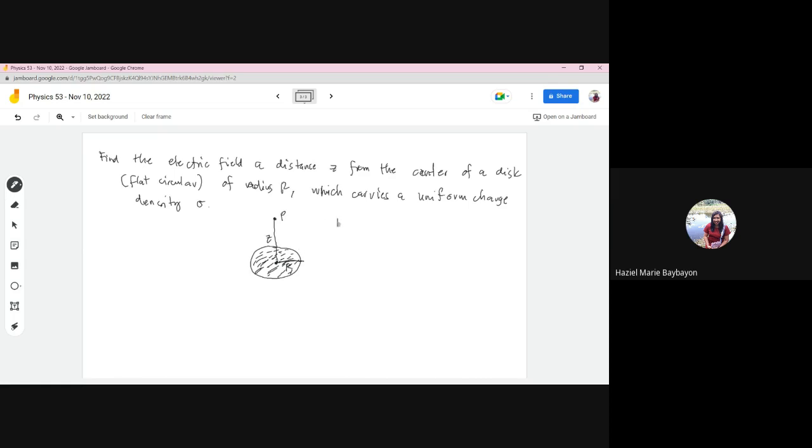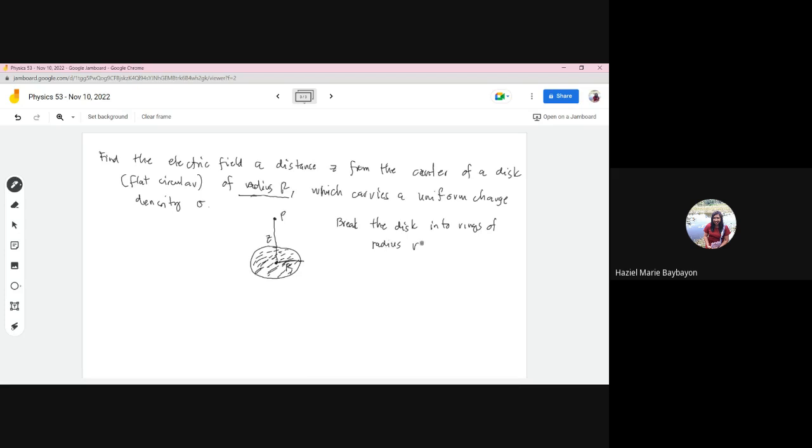The disk has a radius big R, and if you break the disk into rings, those rings have radius r. So r will vary in value depending on where you take the ring. If the ring is closer to the center, the value of r is smaller. If it is near the edge, the value of r is larger. So r varies.